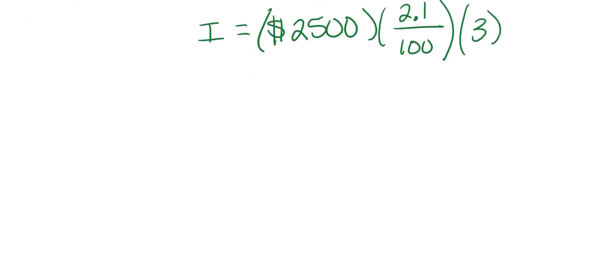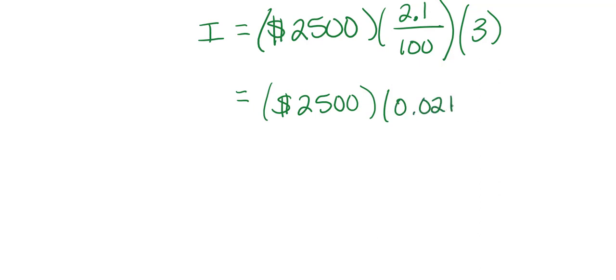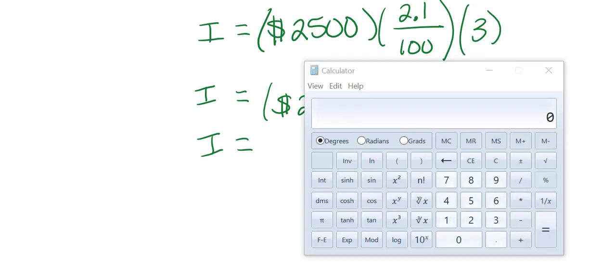So now let's go ahead and start to solve. And I'm just going to go ahead and make this into a decimal right here, because we just know we need to move it over to the left twice when we divide by 100. And this will make it a little bit easier when we solve, because we can get our calculators out and just multiply it straight across.